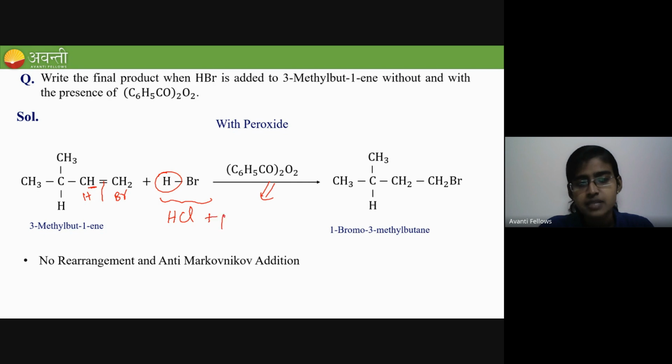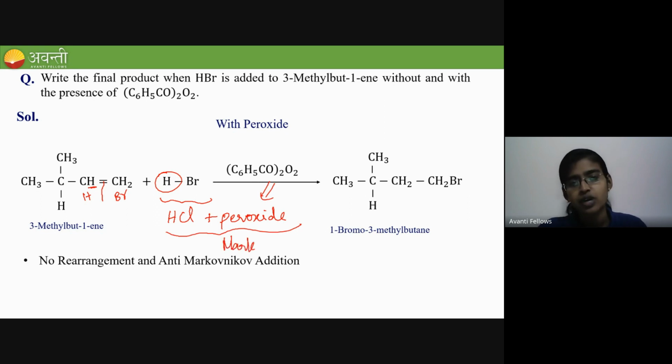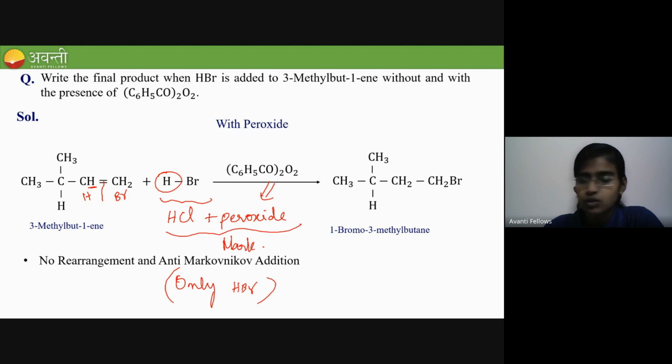HCl plus peroxide will lead to the Markovnikov product only. So only HBr works with anti-Markovnikov. For HCl and HI, even if you have peroxide, you have to do Markovnikov addition. Keep this one point in your mind.